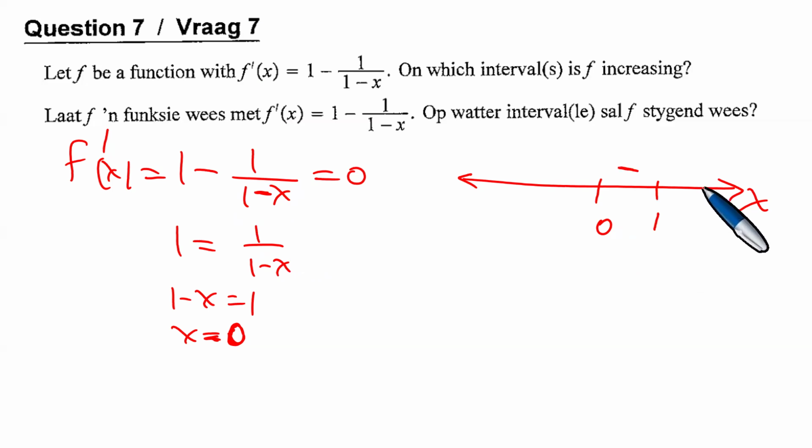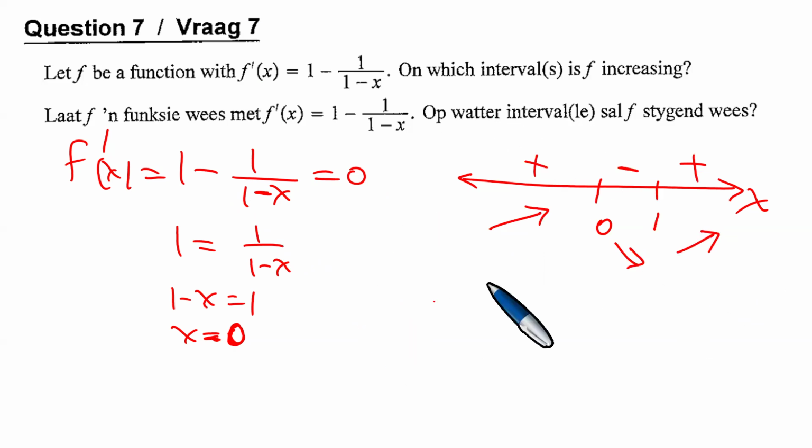Bigger than 1, like 5: 1 minus 5 is a negative, giving us a plus here. Less than 0, like -3, becomes a plus. So you can see that it is increasing here, decreasing there, increasing there.